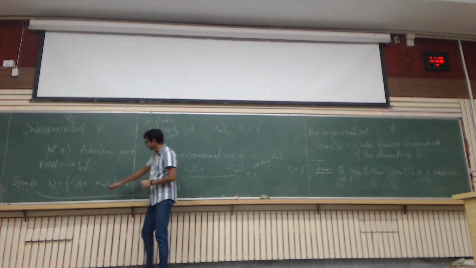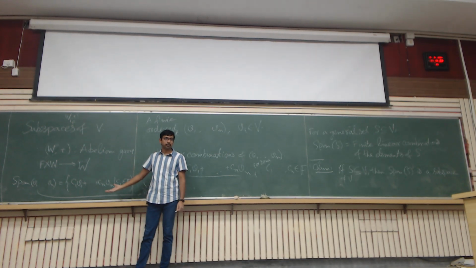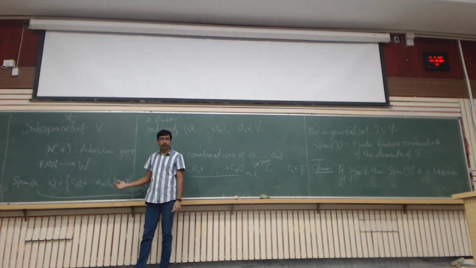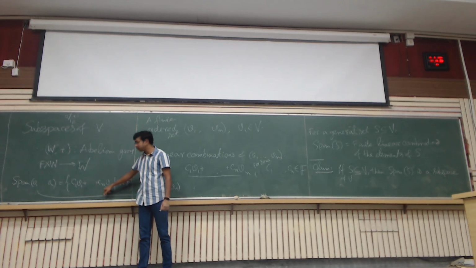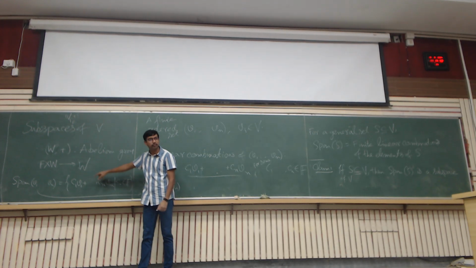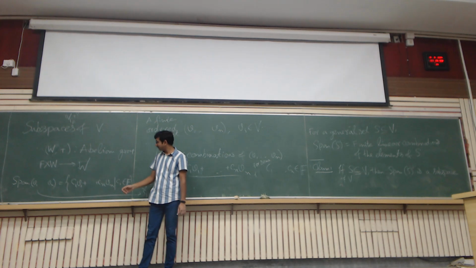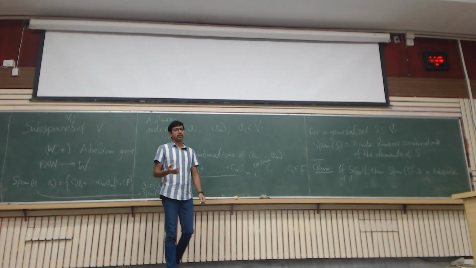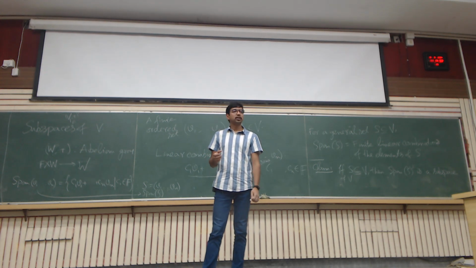Identity is obviously there, because if you put all of these Ci to be 0, you get the 0 element of the vector space. Okay? So 0 is there. Additive inverse: instead of C1 to Cn, put minus C1 to minus Cn. You get the additive inverse of this. So inverse is there. What else was there?